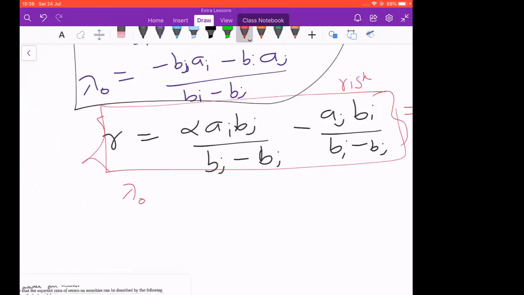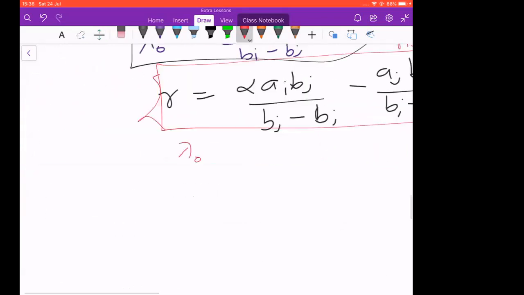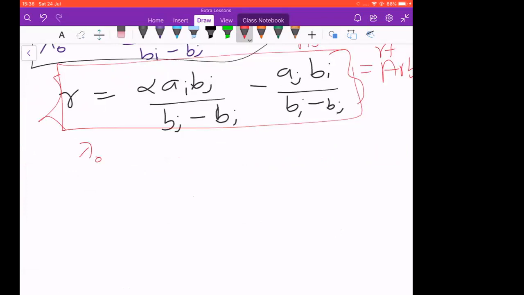That's why they use lambda 0, because it's possible that lambda 0 can be equal to any other value except the risk-free rate. And if that's the case, then you know that there is an arbitrage opportunity. But we know that lambda should actually be equal to the risk-free rate.